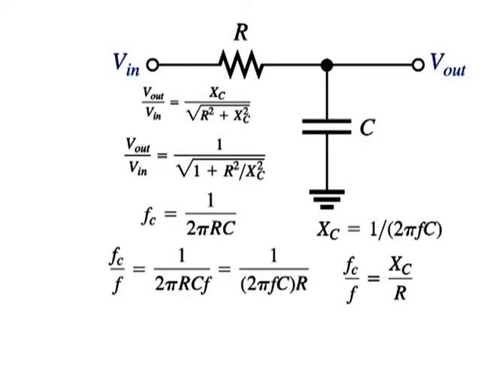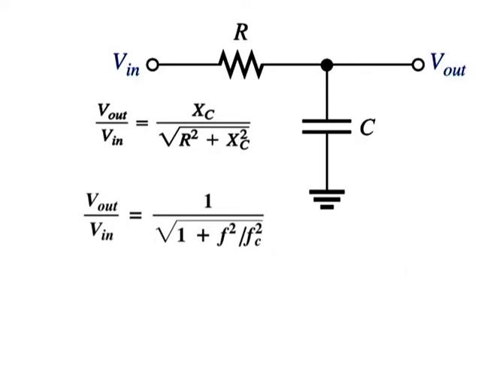Substituting this result in the previous equation for Vout/Vin produces the following expression for the attenuation of an RC lag circuit in terms of frequency: Vout/Vin = 1 / √(1 + f²/fc²).